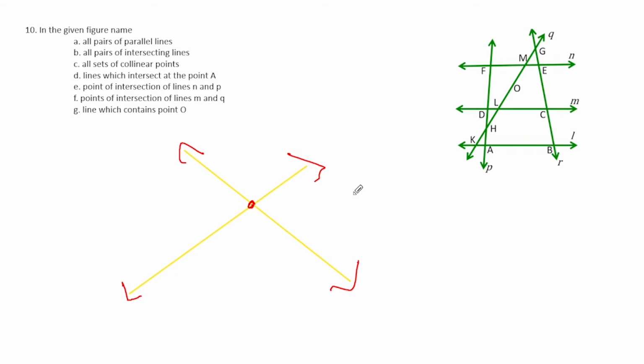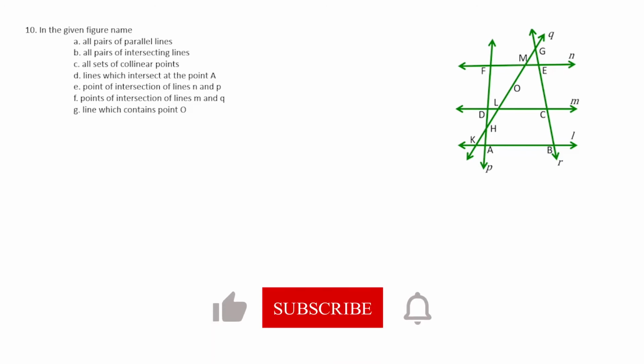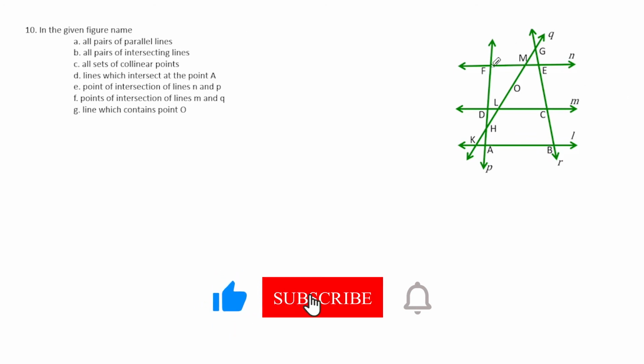Let's say this point is O. Now this point O is called the point of intersection. We have to name all pairs of intersecting lines, which is a long list as we have many lines over here. So let's start one by one.